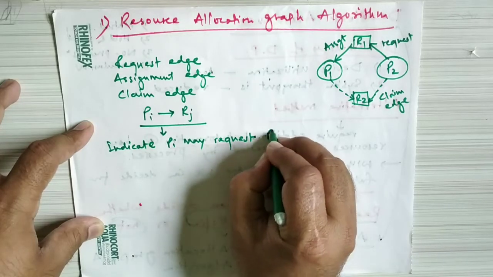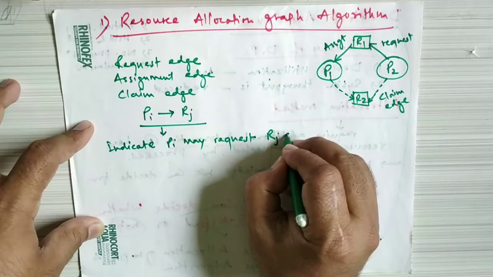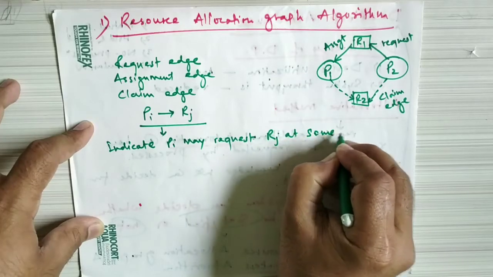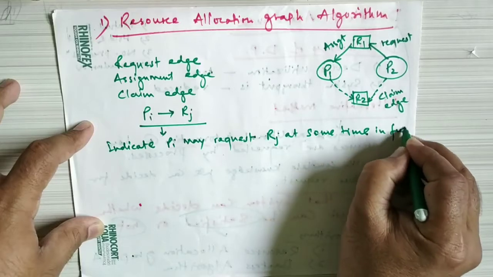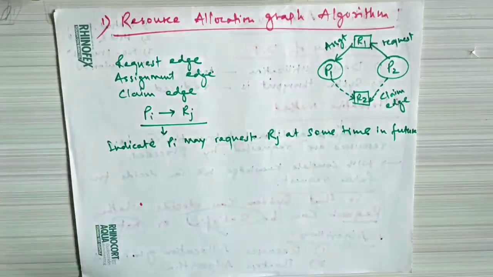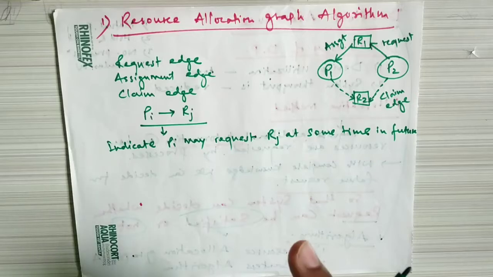So this claim is shown by the dotted line in the figure. It shows deadlock avoidance with the resource allocation graph.